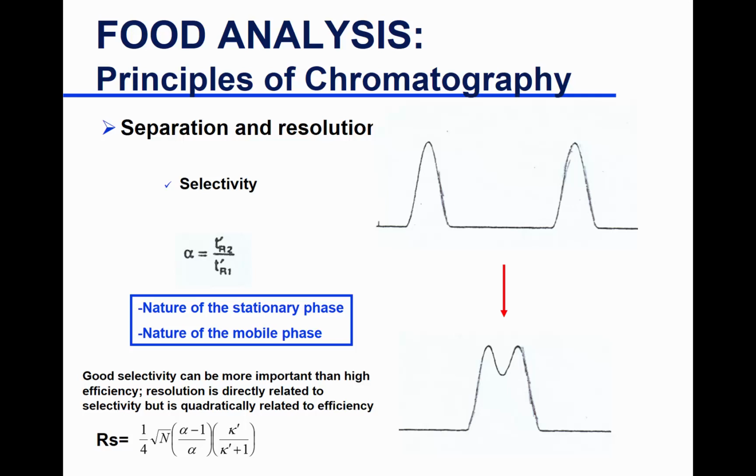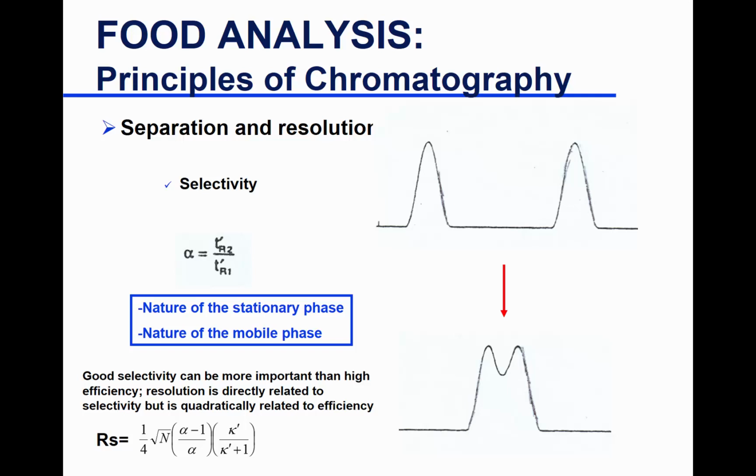And again, the selectivity is represented by the corrected retention time of peak 2 over the corrected retention time of peak 1. And it's corrected because it's corrected for the void volume. So the void volume or time of the solvent front is taken into account.